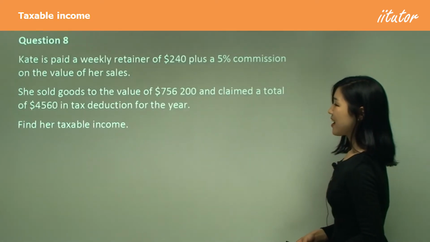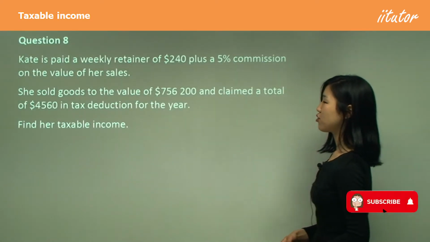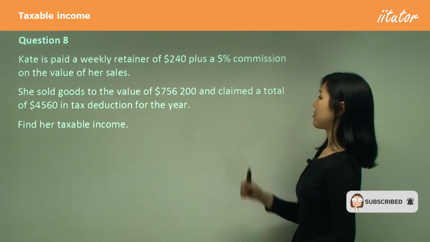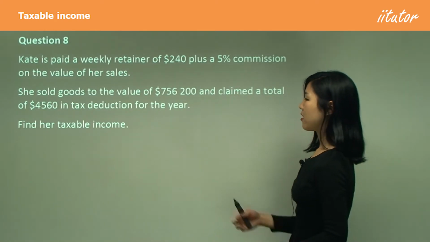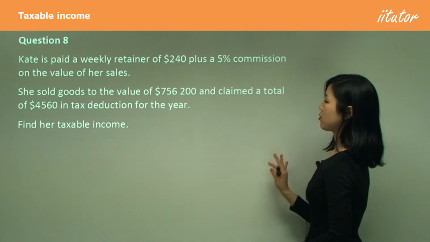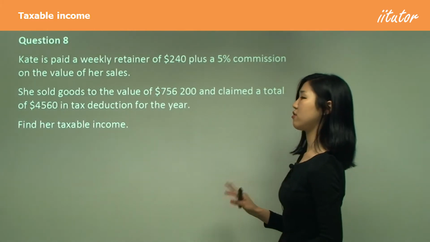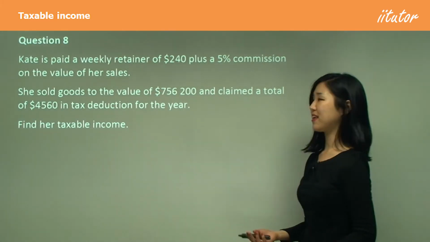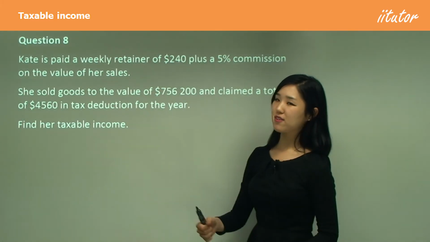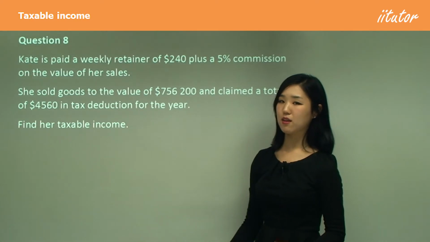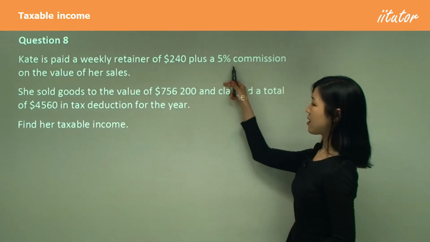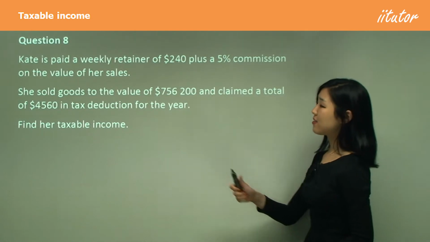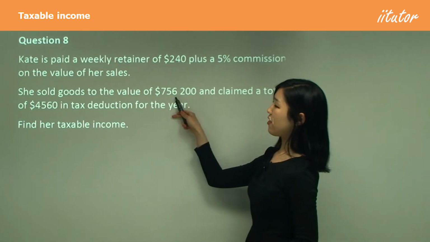Question 8, Kate is paid a weekly retainer of $240 plus 5% commission on the value of her sales. She sold goods to the value of something like this and claimed a total of that in tax deductions for the year. Find her taxable income. So we all know what retainer means. I've already said that in one of the other topics. This is all done, 240, plus we get 5% of any of the sales we make. Now see, she sold goods to the value of this much.